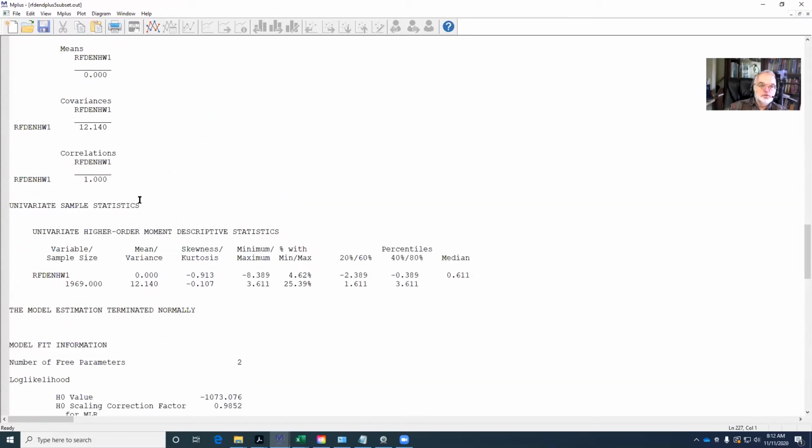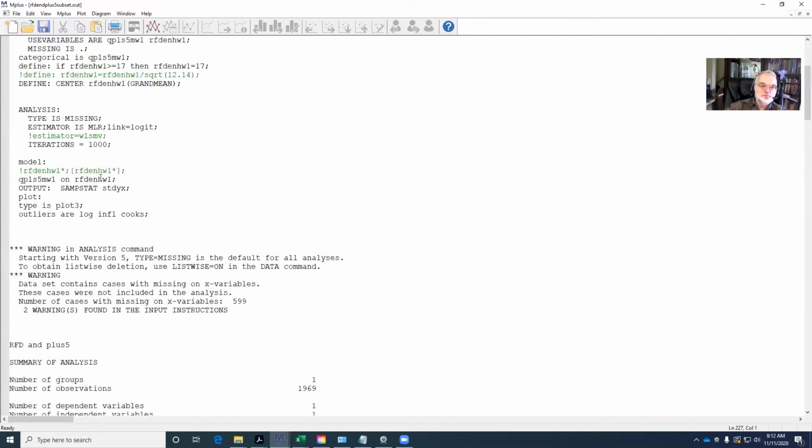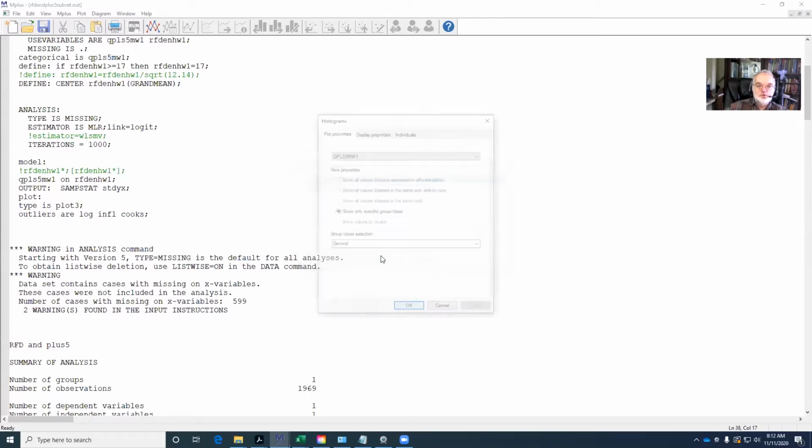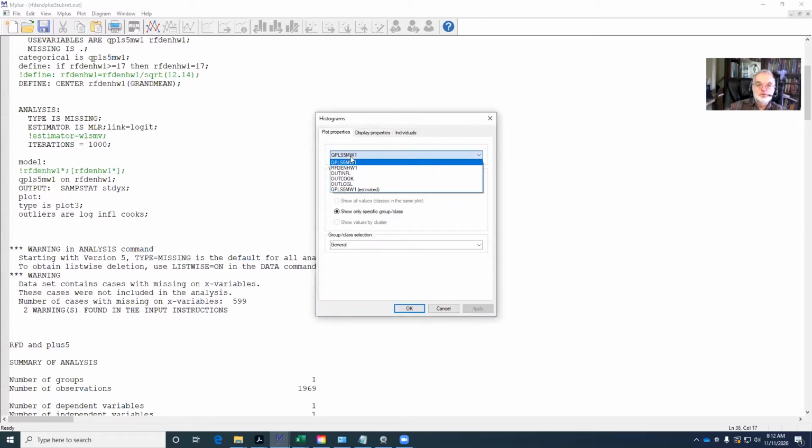Remember, upstairs in this, I have put in a plot statement. So let's take a look at that. There's this little button up here in the upper left-hand corner that accesses the plots. It's colored. That tells you there's something to look at. And you can have some things that are fairly banal, like histograms of the number of variables in zeros and ones.